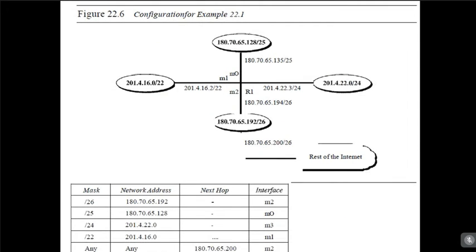So here I have 4 host devices with some physical address and some logical address. Okay, let us consider this as a physical address, and let's consider this as a logical address.